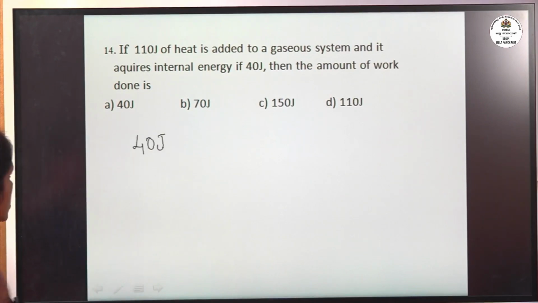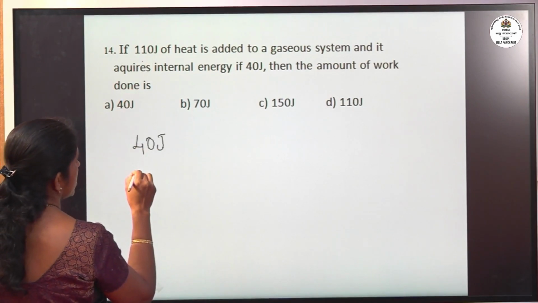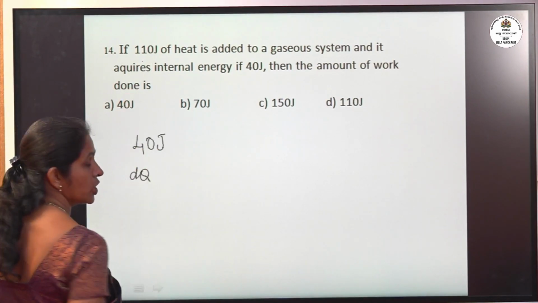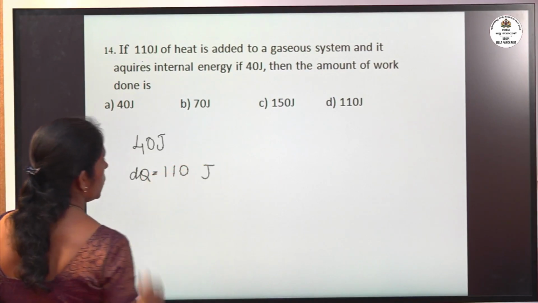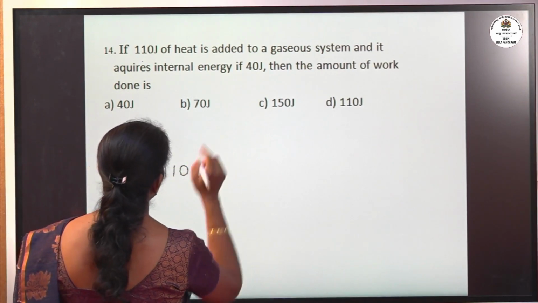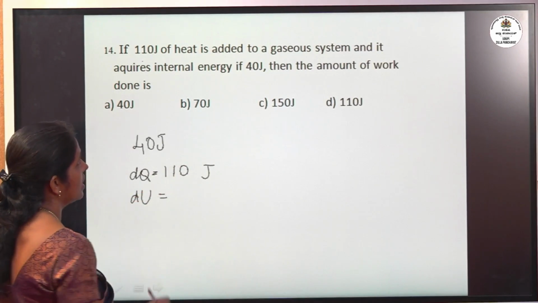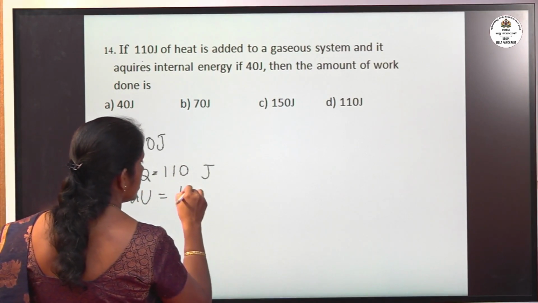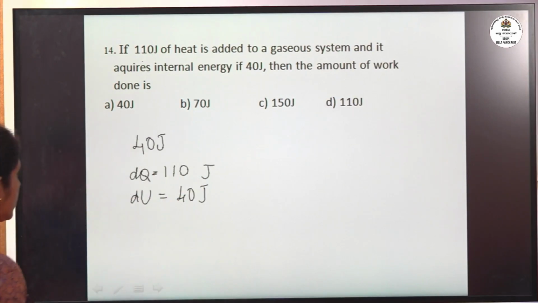Here in this question, we have 110 joule of heat energy. We have the symbol dq for heat energy. dq is 110 joule. 110 joule of heat energy is added to a system and it acquires internal energy. We use the symbol U for internal energy. Internal energy increases by 40.